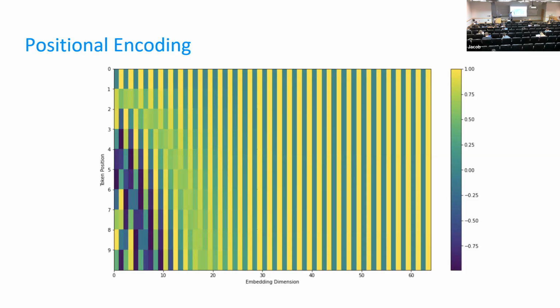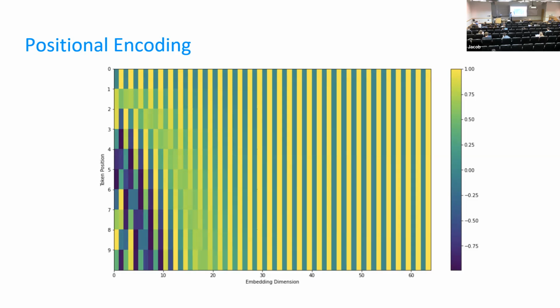The second token in our sequence gets 0, 1, 0, 1, but it's kind of annealed so that more sine periods happen within the number of dimensions.